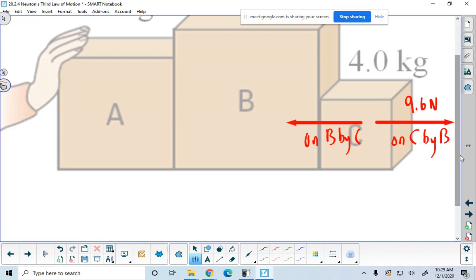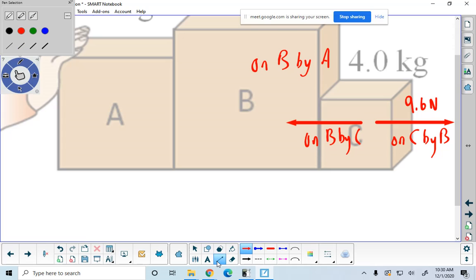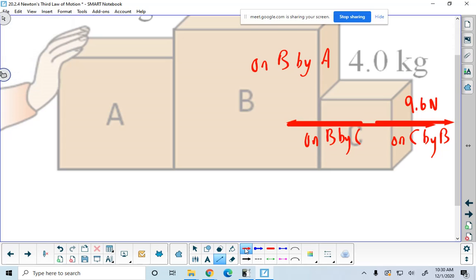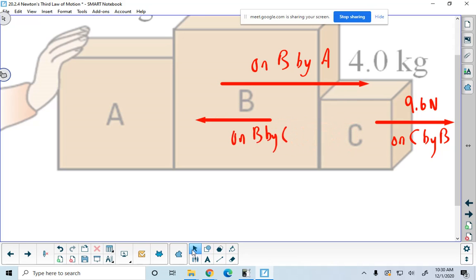There has to be a force acting on B to the right, and it is a force acting on B by A. This will be on B by A. But the force acting on B by A must be greater than the force acting on B by C because box B moves to the right.